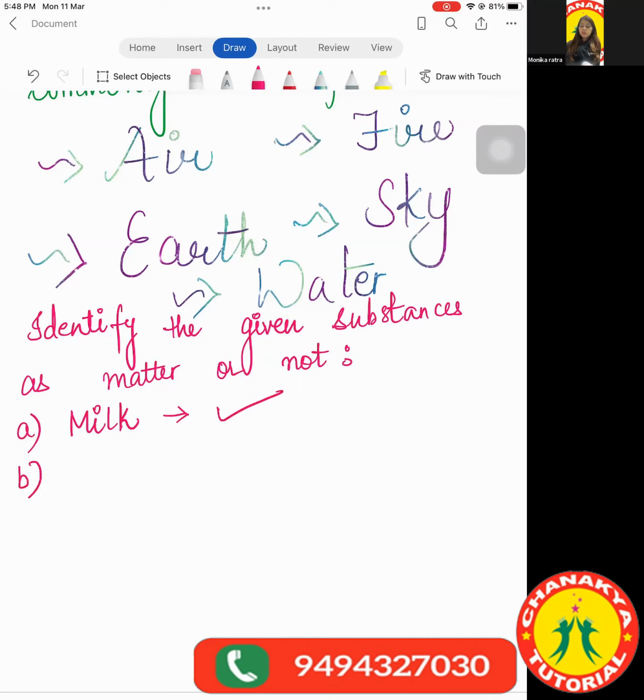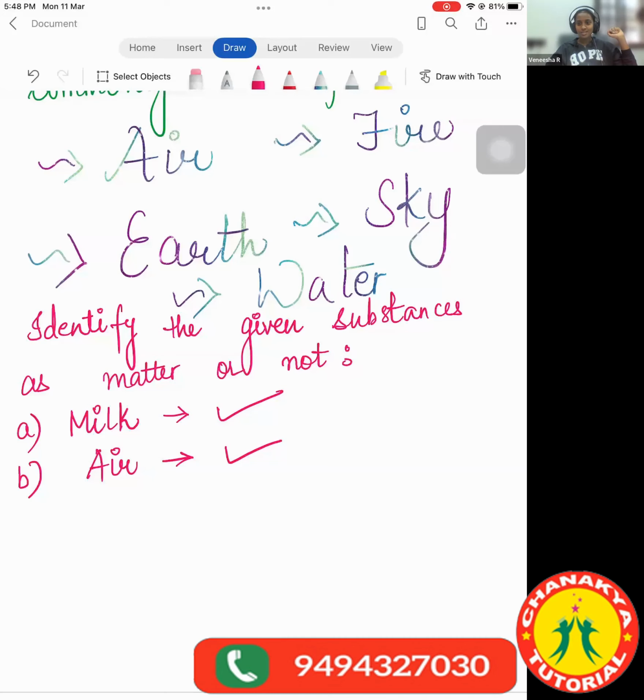Next, Jitendra. Tell me about air. It is matter, ma'am, because it does occupy space and has mass also. See, you cannot see air around yourself, but you can feel it. Secondly, how can you show that air is occupying some space? You take a balloon. Yes, Manisha, go ahead, please. Yes, ma'am.